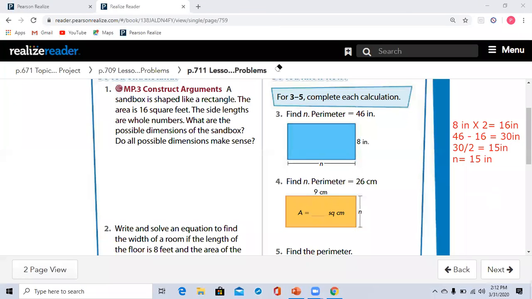This will give me 18. Let me just quickly redo this in orange. So I know that there is 9 centimeters. There are 2 of them. And that will give me 18. The total length of the perimeter is 26. So I have to deduct 18 from 26.